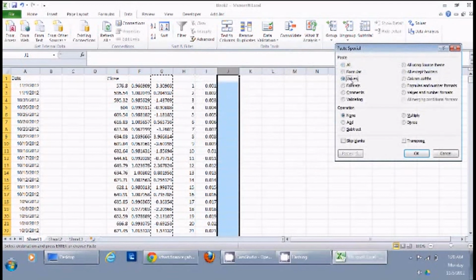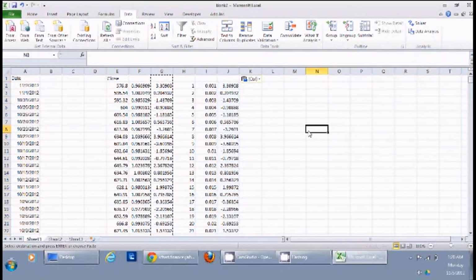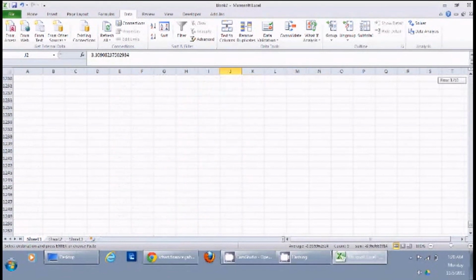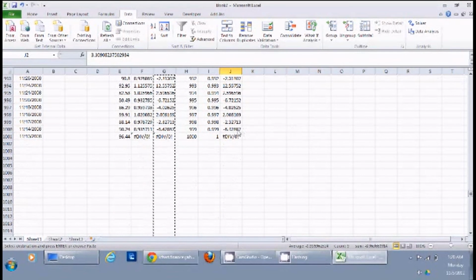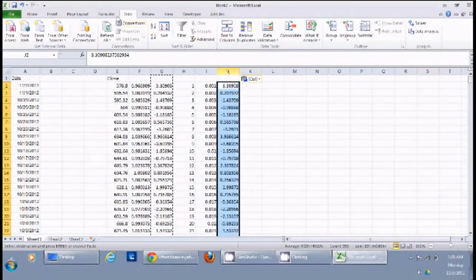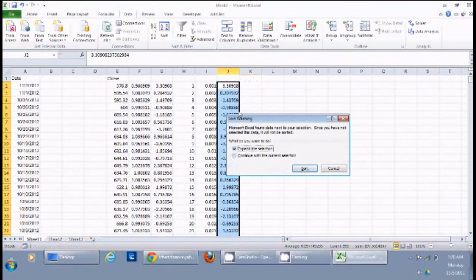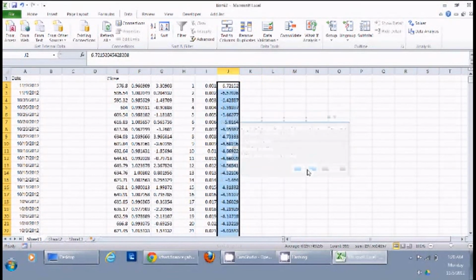I'll say paste only values here, and I got these values. Now I select this column until here and say sort. So it sorts the data.